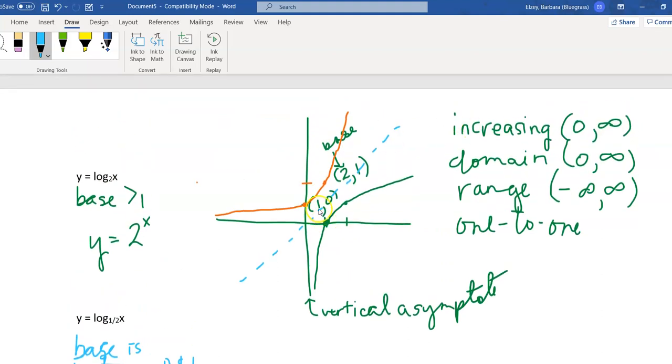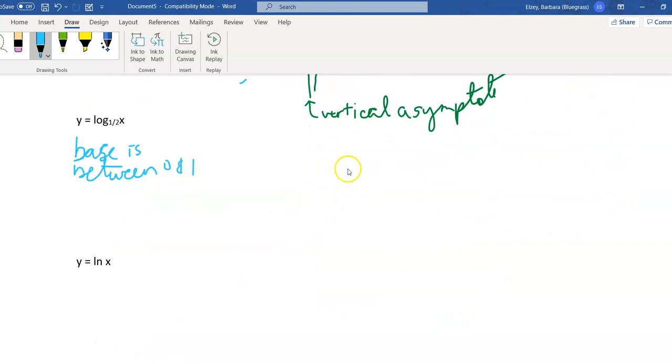It's still going to go through 1, 0, and it's still going to go through the base, 1. Our base is a half, so 1/2, 1 is going to be right there. And then here's the shape of this graph.